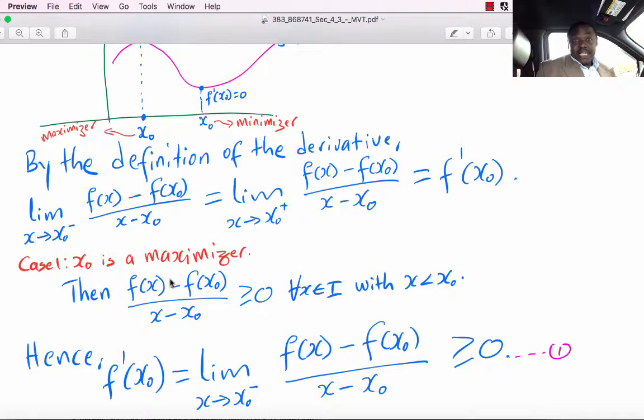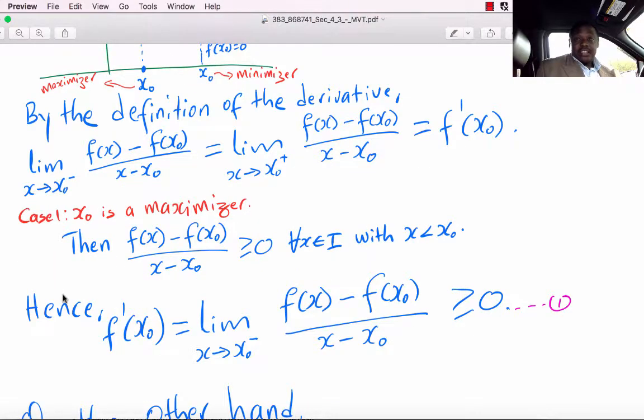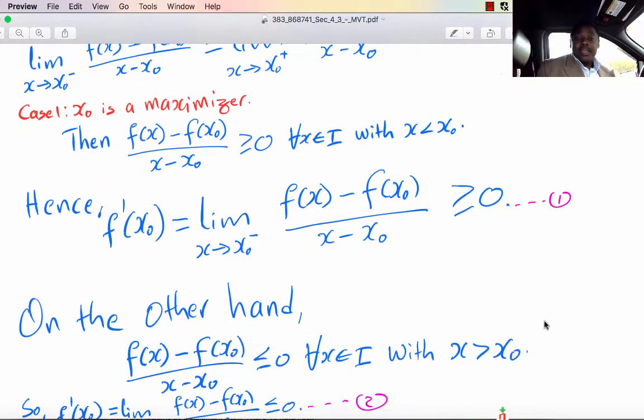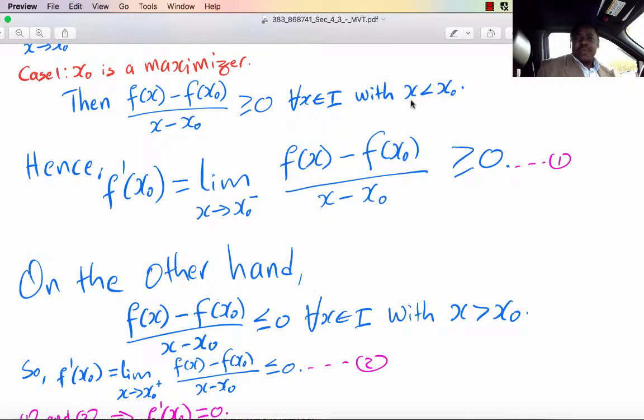So negative or 0 divided by negative gives us greater than or equal to 0 for every x in I. Hence, the first derivative of f at the point x0, which is the limit as x approaches x0 from the left of f of x minus f of x0 divided by x minus x0, is greater than or equal to 0 because this quantity is greater than or equal to 0. Call that inequality 1.